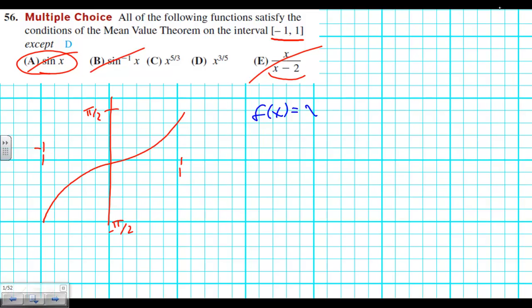But the big thing is, I think we can actually show that if f of x is equal to x to the 5/3, we get f prime of x is equal to 5/3 x to the 2/3. Whereas if g of x is equal to x to the 3/5, g prime of x is equal to 3/5 x to the negative 2/5.